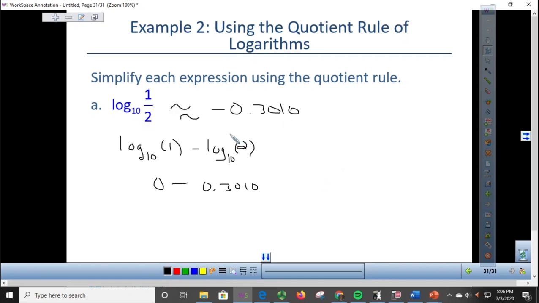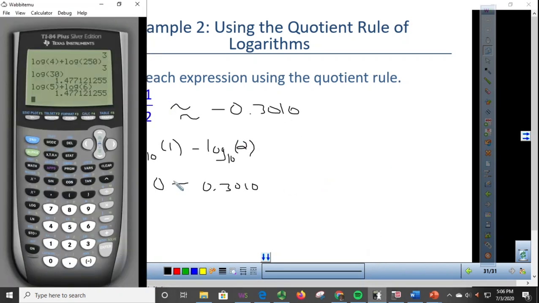So if I plug log base 10 of 1 divided by 2 into my calculator, I get negative 0.3010, right? And that would be the same if I said log base 10 of 1 minus log base 10 of 2, right? I'm getting the same answer.